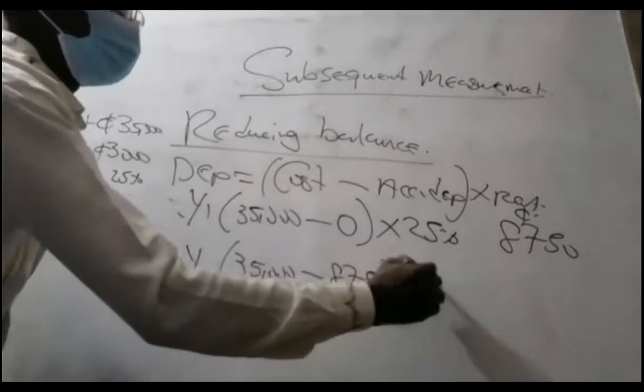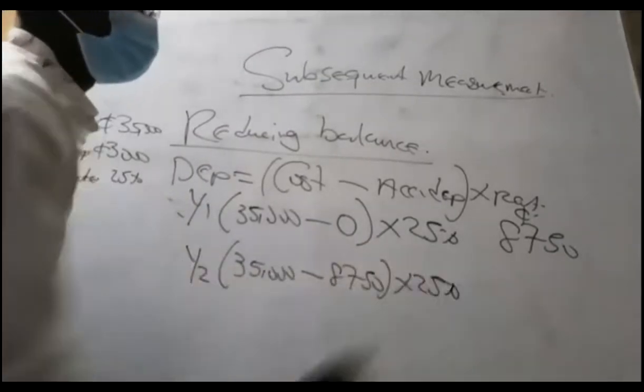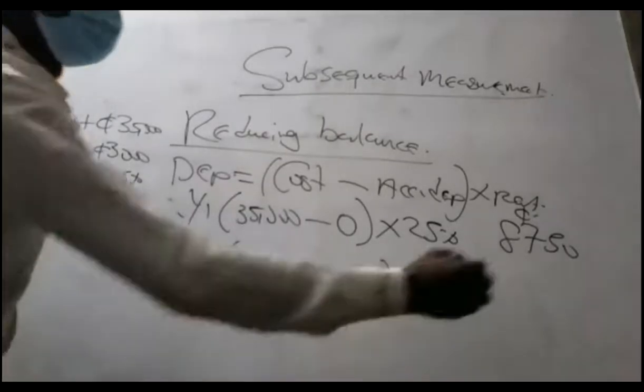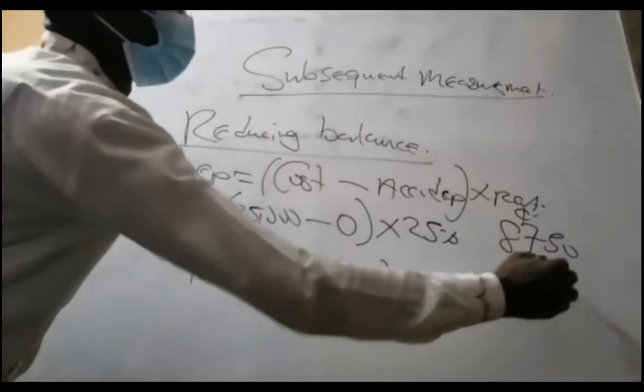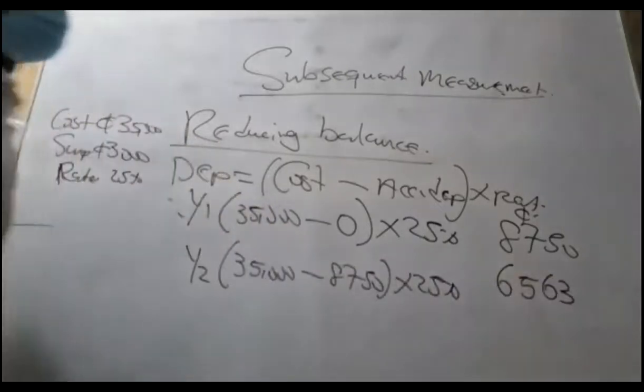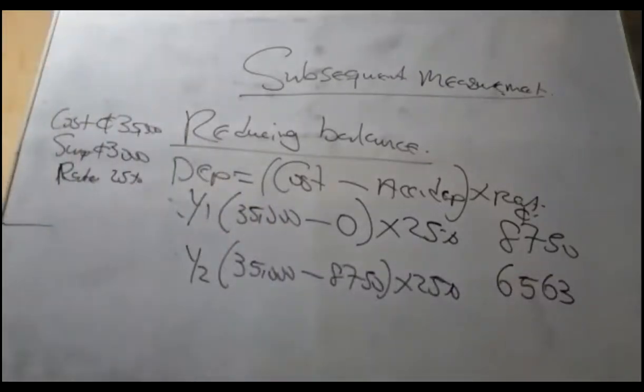Now times what? 25%. And that'll give us 6,562.5, and we round it to 6,563.